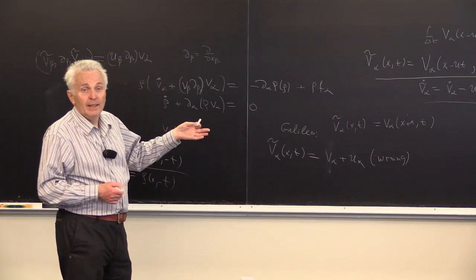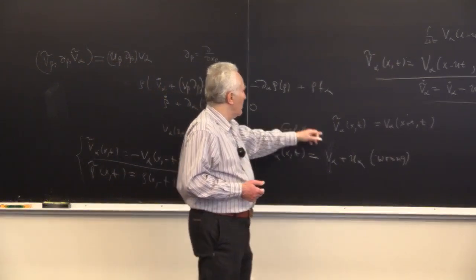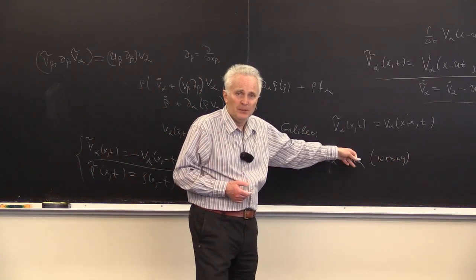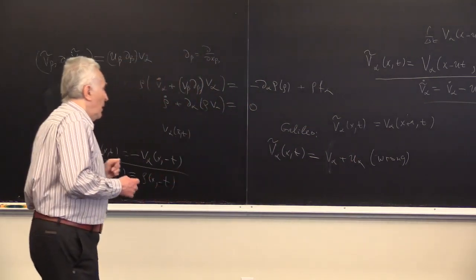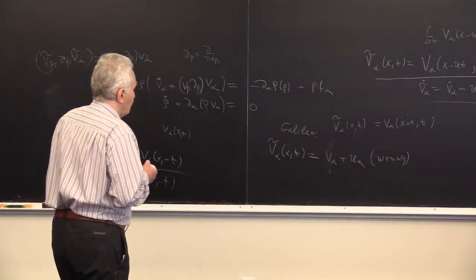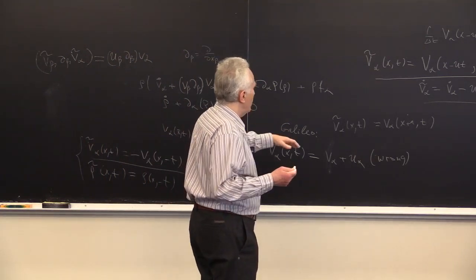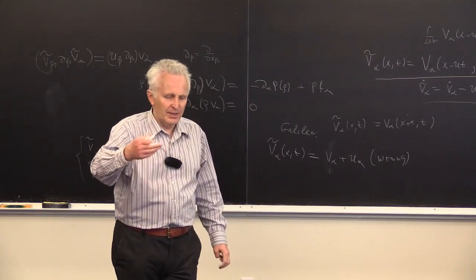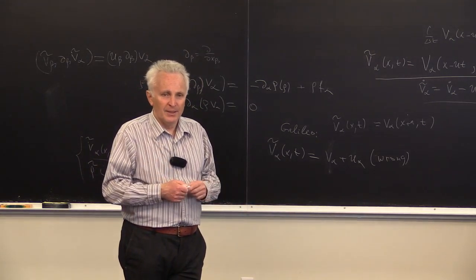What about Galilean symmetry? It clearly will be broken because you shift v to v plus u. Okay, so if you want to keep Galilean symmetry, you cannot have the term v alpha, but actually there is a similar term which is allowed.